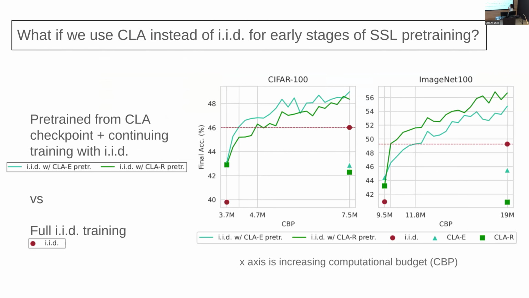So finally, we expanded a little bit on the fact that CLA can beat IID. We wanted to prove that not only does CLA provide better representations, but that a CLA pre-trained model can be further trained, and thus can be a basis for further pre-training to obtain an even better model.